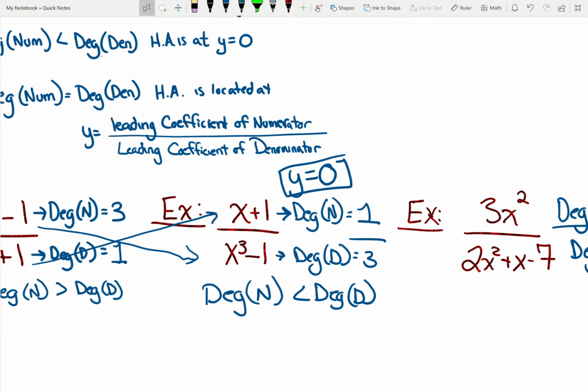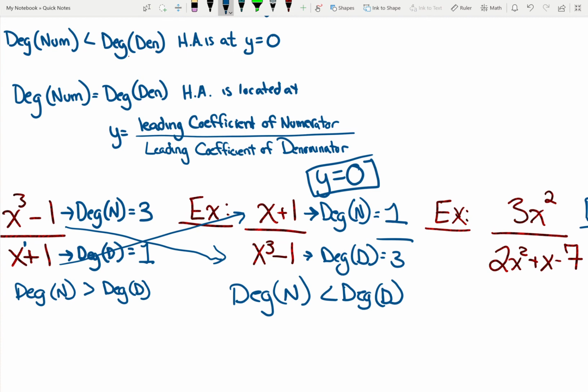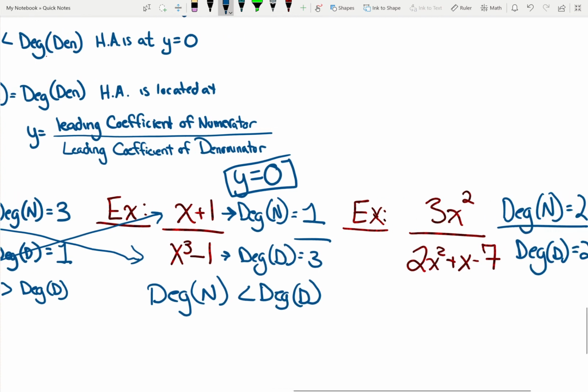Well, if the degree of the numerator is equal to the degree of the denominator, then the horizontal asymptote is located at y equals the leading coefficient of the numerator divided by the leading coefficient of the denominator.